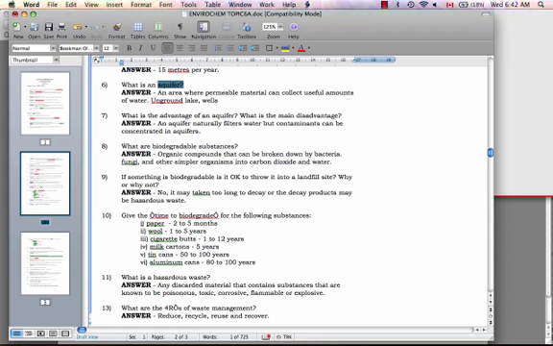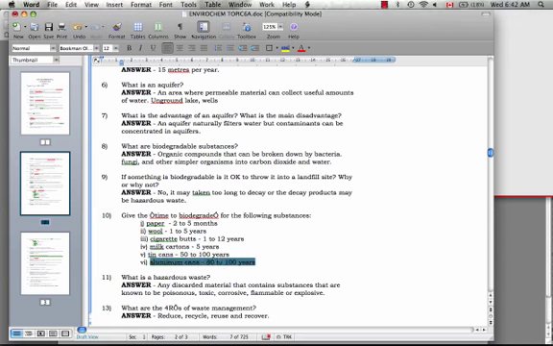So, for example, look at the differences. Cigarette butts, some of them take 12 years, paper 2 to 5 months, wool 1 to 5 years, milk cartons 5 years, tin cans. Look at how long it takes tin cans. That's why you should recycle tin cans, and that's why you should recycle aluminum cans.